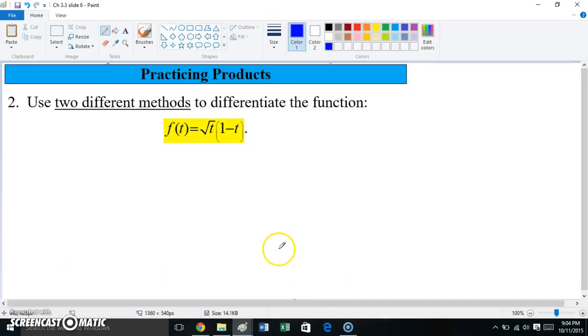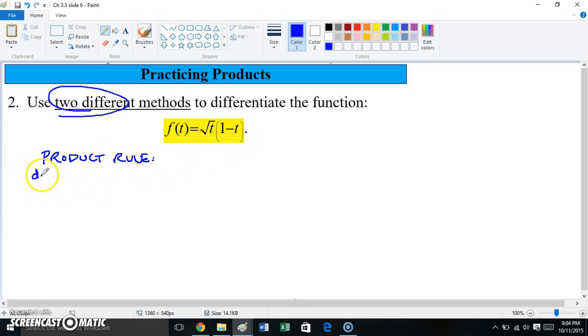Okay, one last practice. It says to find the derivative of f of t equals the square root of t times 1 minus t two different ways. Okay, well, one way would be to use the product rule. So let's do that.